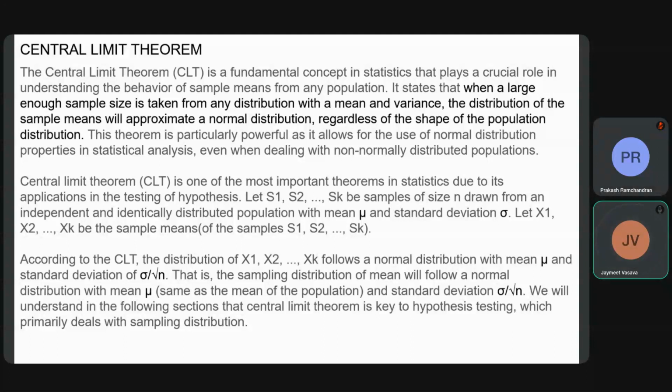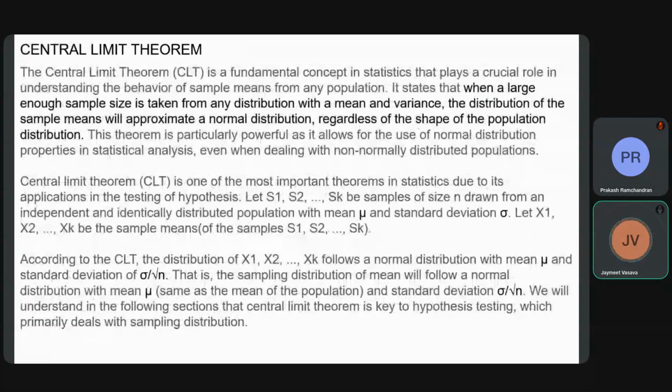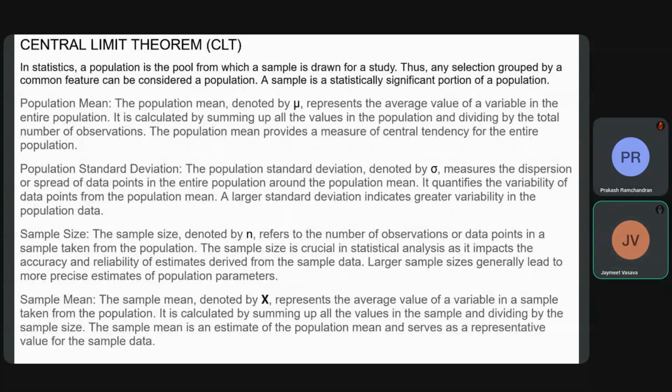For the sample's standard deviation, we simply use sigma by square root n, and the mean will be denoted by capital X. As we have the population's mean and standard deviation, the same goes for the sample we are drawing from the population data.